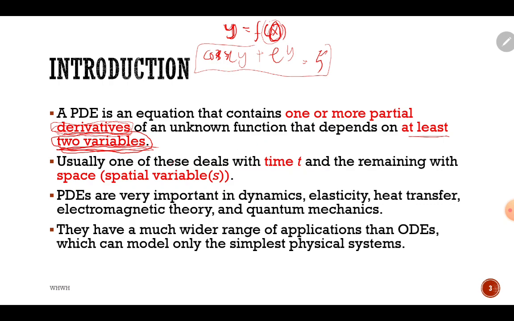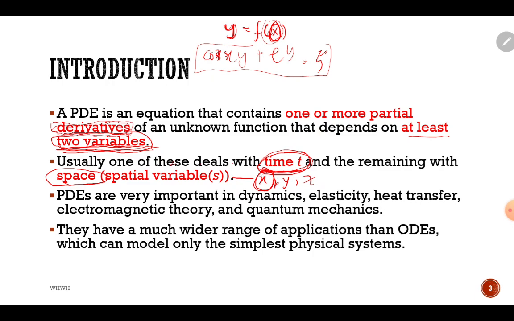Usually one of these deals with time. The function depends on at least two variables, and one of them usually is time, variable t, and another one is space. What is space? That is x, y, z. Before this we used to use x, right?